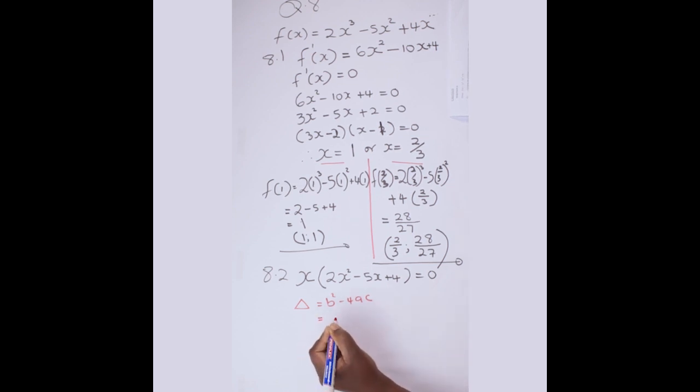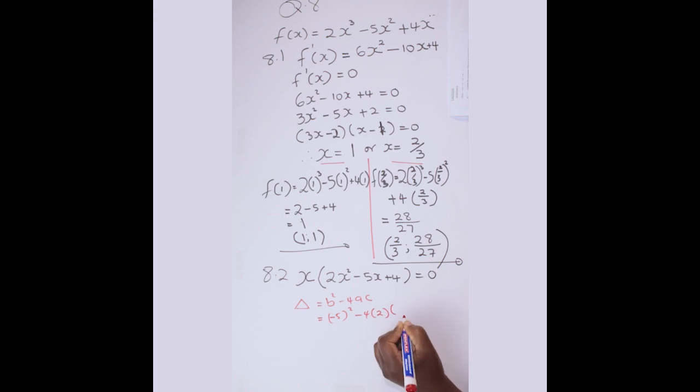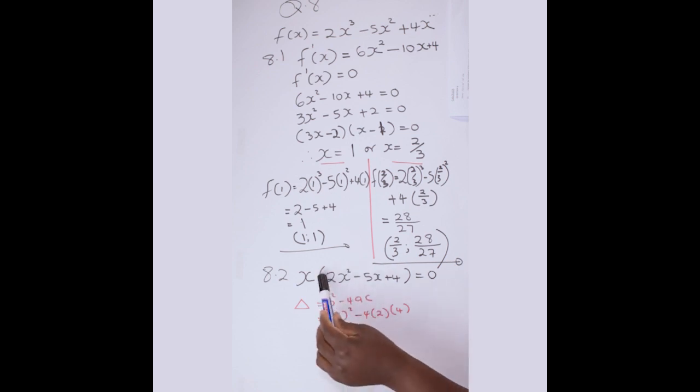Your b there is minus 5, so it's minus 5 squared, minus 4 times a, which is 2, and c, which is 4. When you simplify it, you will get a negative answer, negative 7. Now, if you have a negative under the square root, in this curriculum there is no real solution, so everything inside the bracket has no solution.